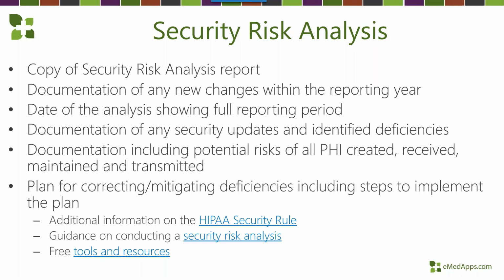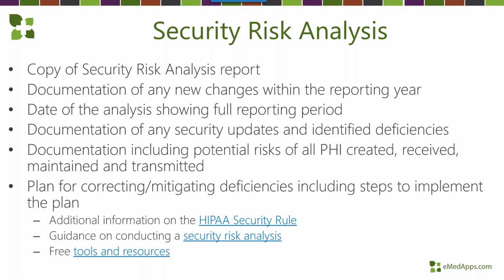documentation of your security updates, any kind of deficiencies, and what you are working towards in completing any of those deficiencies to make sure that those are now updated and in effect.